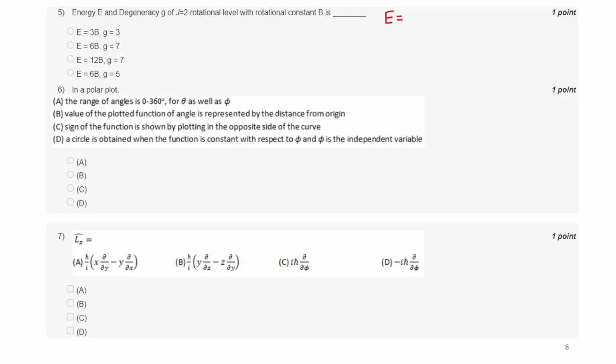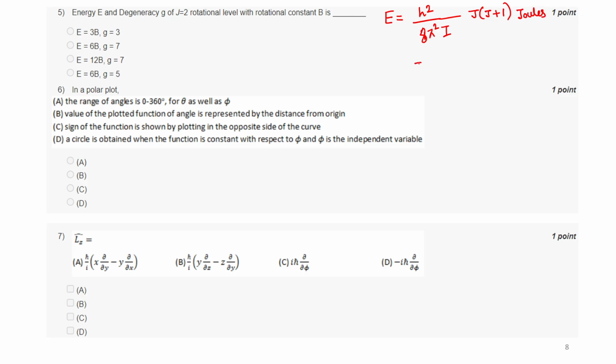It is h square over 4 pi square I, or 8 pi square I, if I write it like that, into J into J plus 1, that is in joules.